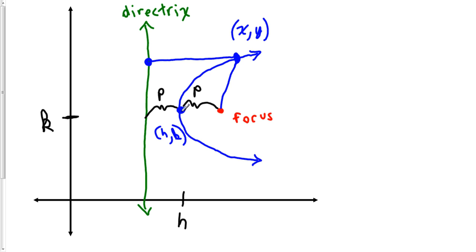That'll help me to find the ordered pair that gives me the focus. Since I know the vertex is (h, k), then this x value over here, I have to take the original x value of the vertex, h, and add to it p. So for the focus, the x value is going to be h plus p. But the y value is still going to be k because they're still on the same horizontal line.